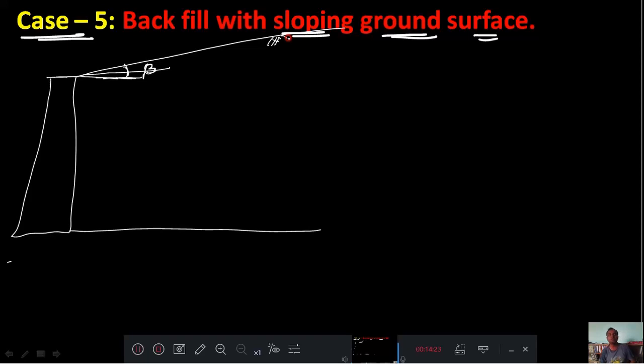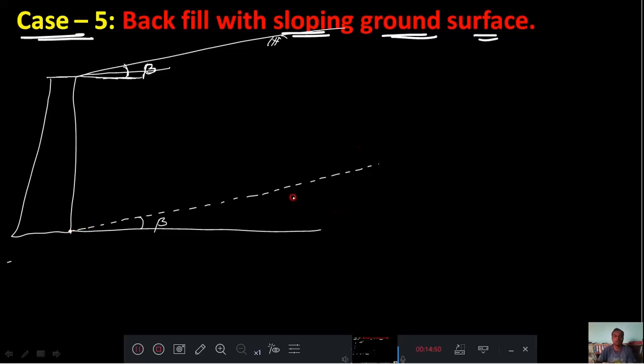Then how to deal with this problem? This problem we can deal with by this alteration. We will draw one more line which is parallel to the ground surface. See, this line is parallel to the ground surface. And how do we achieve this? By just drawing a line with beta with respect to horizontal from the heel, from this point, right?